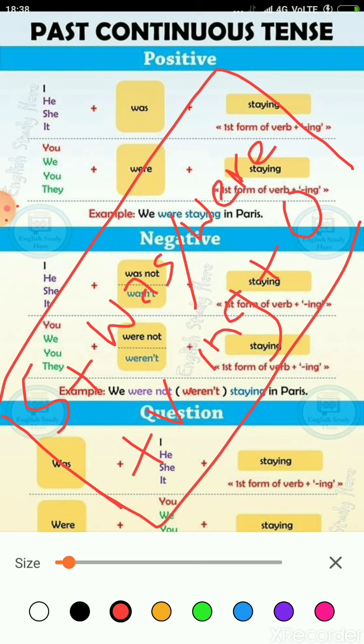This is absolutely clear: subject plus was or were plus V-ing plus object.